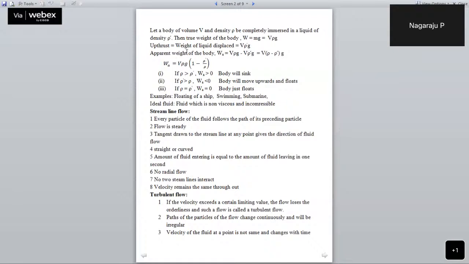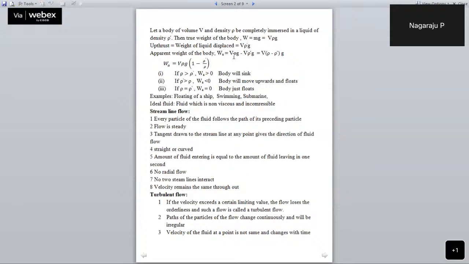And upthrust is the weight of the liquid displaced. To find the weight of the liquid displaced, we use the volume displaced by it and the density, which we call rho dash, and g, the acceleration due to gravity. Therefore, the apparent weight of the body is Wa, where I have used the A subscript.